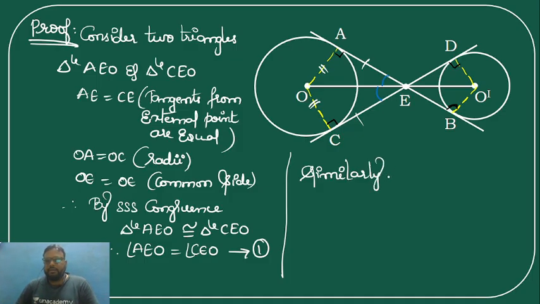I can consider triangle DEO dash congruent to triangle BEO dash, exactly in the same way. When these two triangles are congruent, the remaining angles also will be equal. Therefore, angle DEO dash is equal to angle BEO dash.